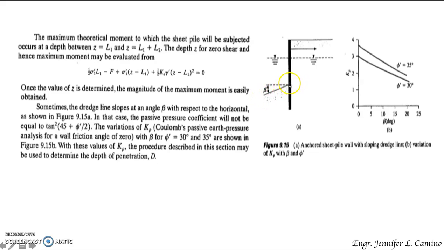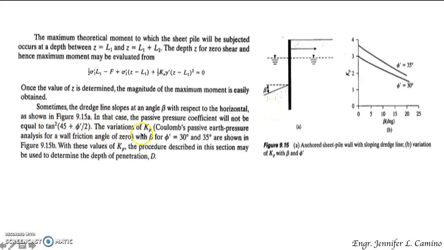The dredge line can be sloped at a certain angle. This is an illustration for a dredge that is sloped at a certain angle beta with the horizontal. In that case, our coefficient for passive pressure cannot be used.